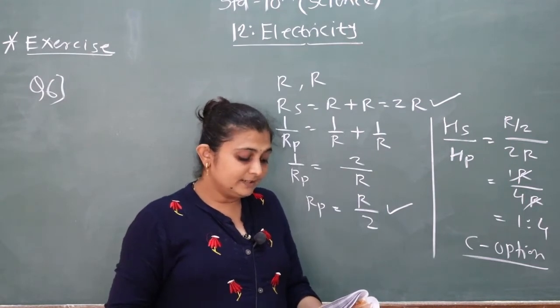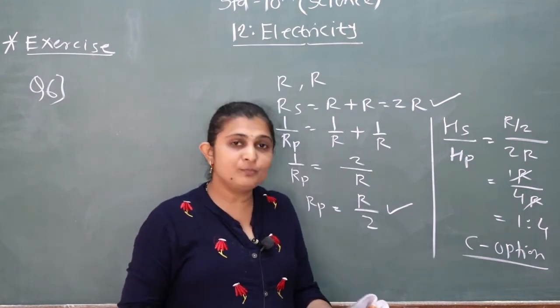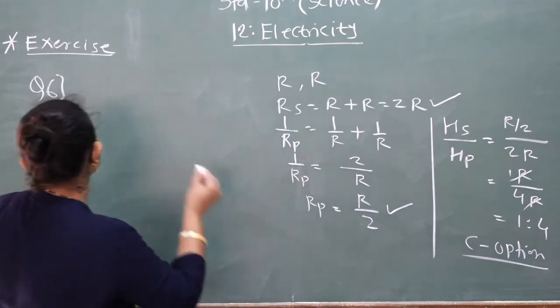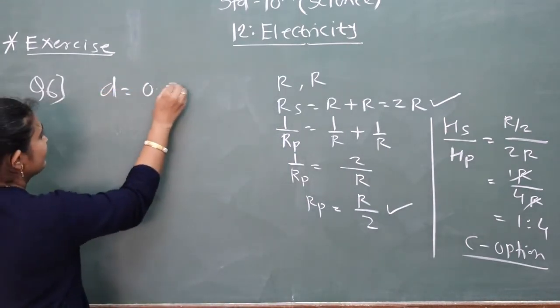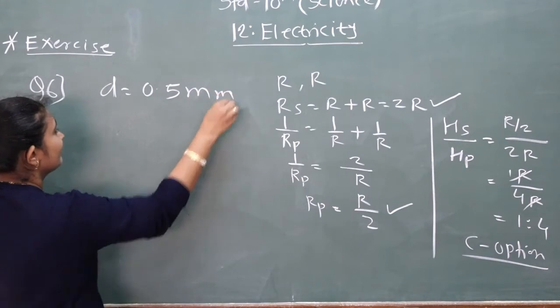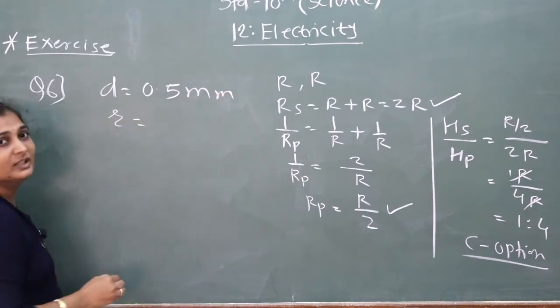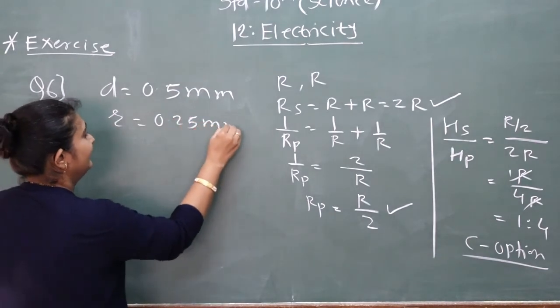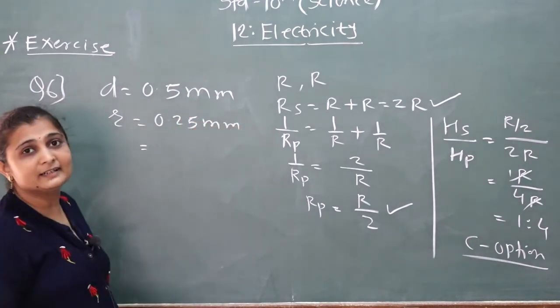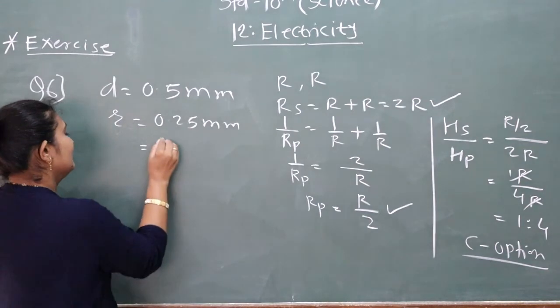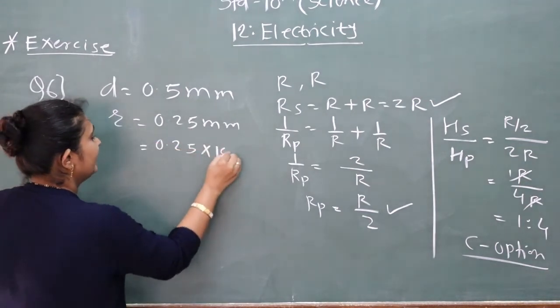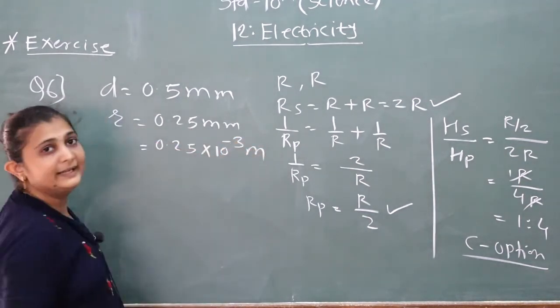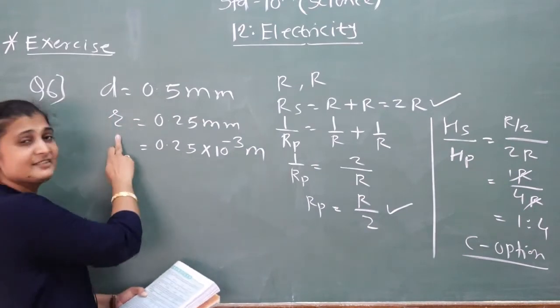The copper wire has diameter 0.5 mm. Then we write diameter 0.5 mm. Then tell what about the radius? 0.25 mm. Convert millimeter into meter: 0.25 into 10 raised to minus 3 meter. This is the value of r.